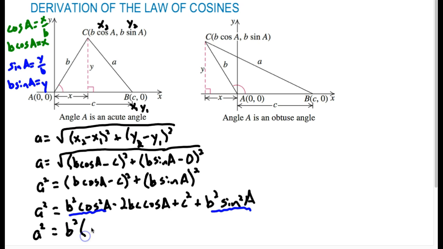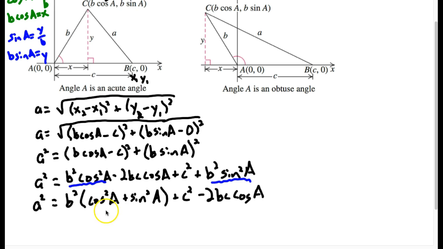B squared times cosine squared of a plus sine squared of a. And then we have our other two terms here, plus c squared minus 2bc cosine of a. Now this is our Pythagorean identity.